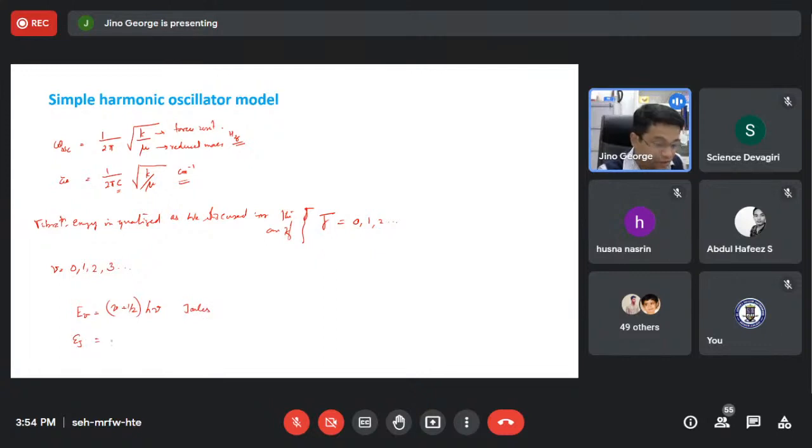This will be in terms of wave number, omega bar, which will be in centimeter inverse. So we can occupy many values. If V is equal to 0, your E0 will be equivalent to half omega bar. Okay, right?